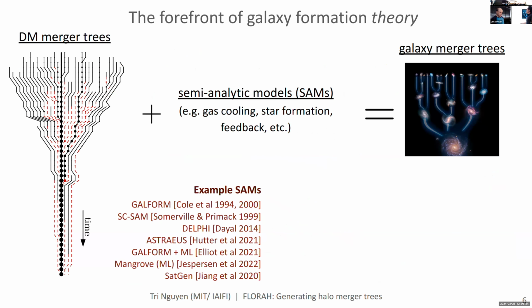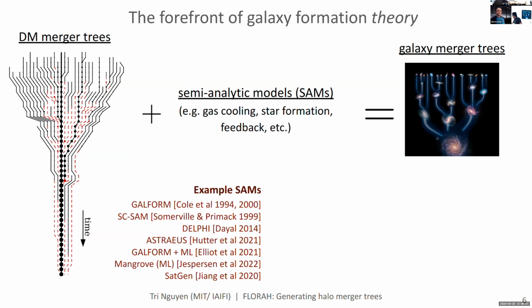So in galaxy formation modeling, a very typical way that you can do it outside of hydro simulations is, let's say you have dark matter merger trees, which capture the hierarchical relationship between each of the halos. And you can combine these dark matter merger trees with semi-analytical models, which have scaling relations for galaxy formation, like gas cooling, star formation, and any kind of feedback.